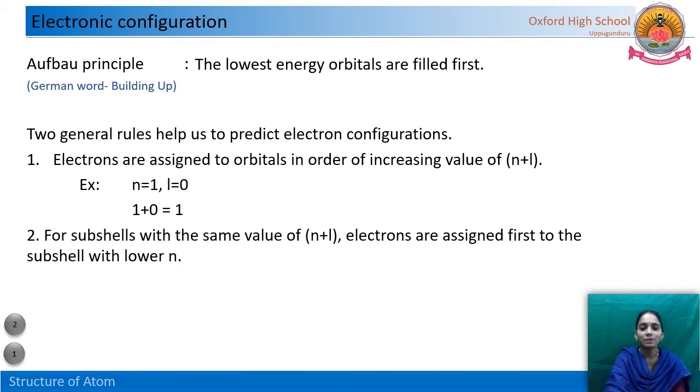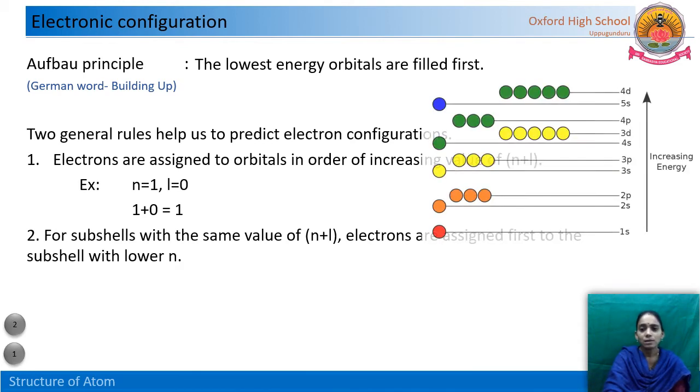The one with the least n value has to be filled first. See here, 1s, 2s. By following these two rules, this arrangement has been made. So 1s first, then 2s, followed by 2p, 3s, 3p, 4s, 3d, 4p, 5s and 4d and so on.